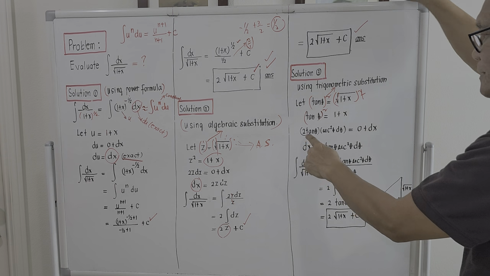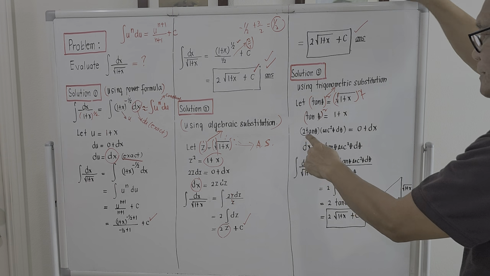Solving for dx, we put it on the left: dx will be twice tangent of theta, secant square of theta, differential theta. It's not complicated as long as you know your identities or your trigonometric differentiation.